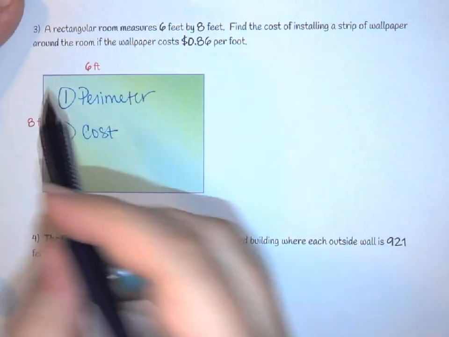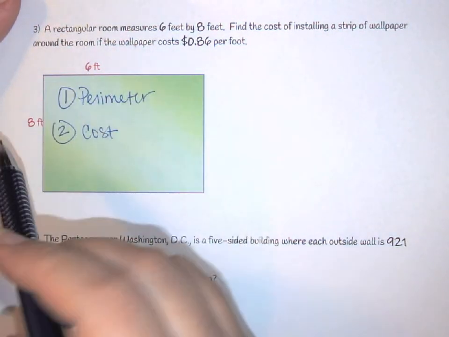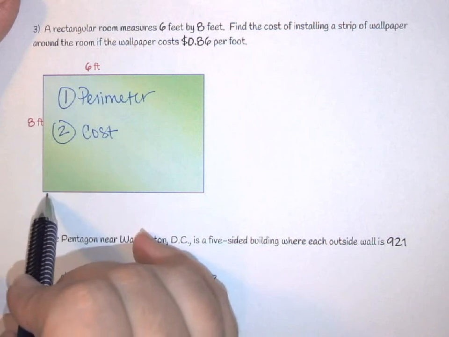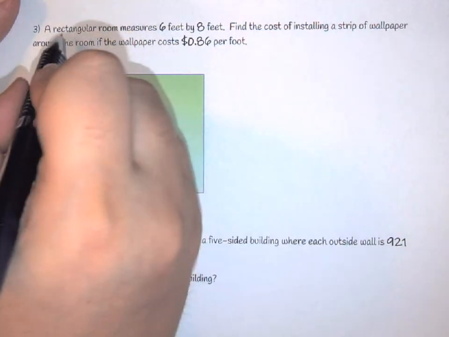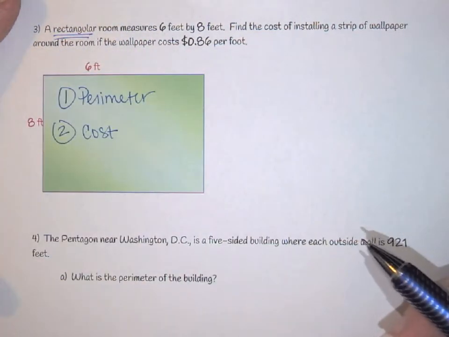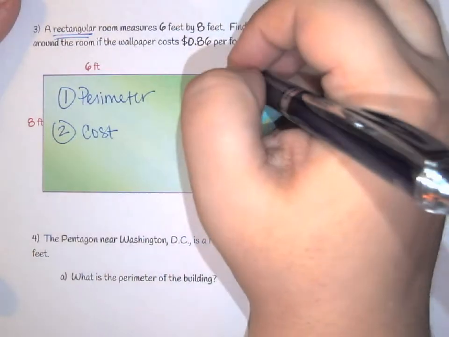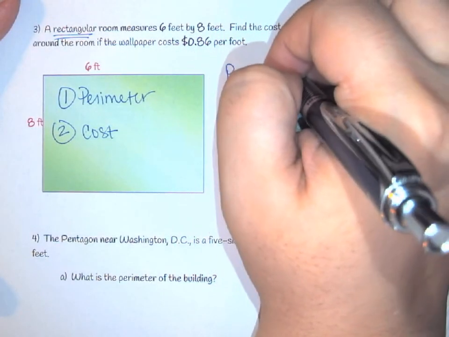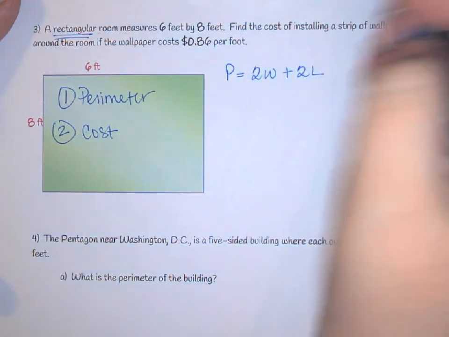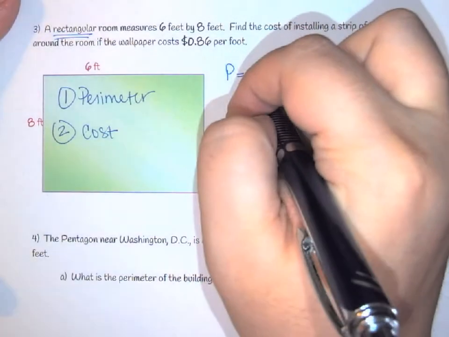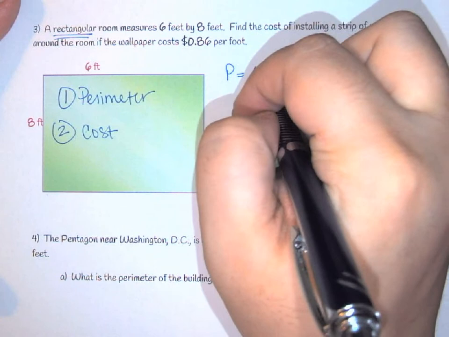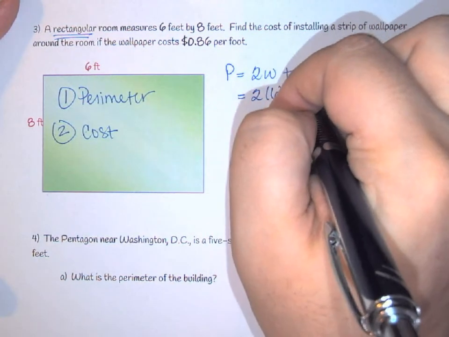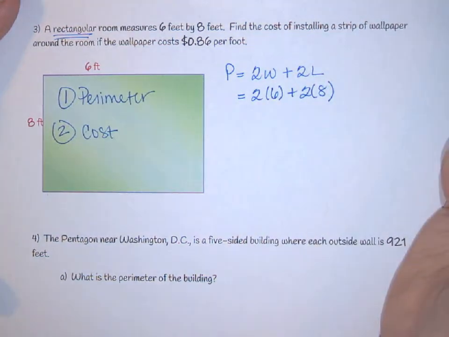So if I'm telling you that your room measures 6 by 8, you've got 6 by 8, since it's a rectangle, since it says right here, rectangular room, that means to find my perimeter, it's twice the width plus twice the length. So in this case, we're going to go twice times 6 plus twice times 8.